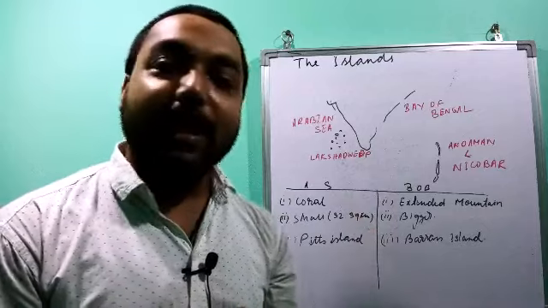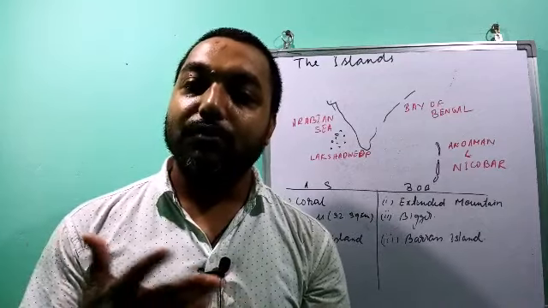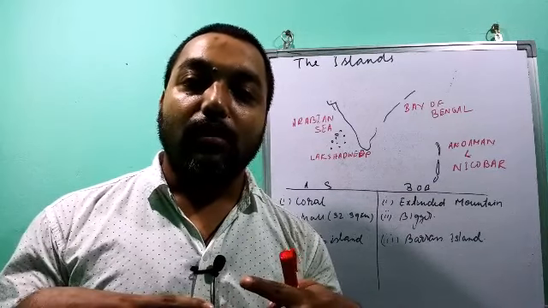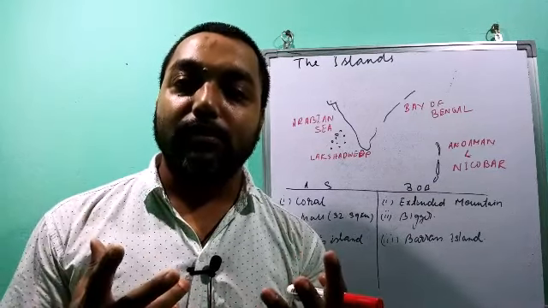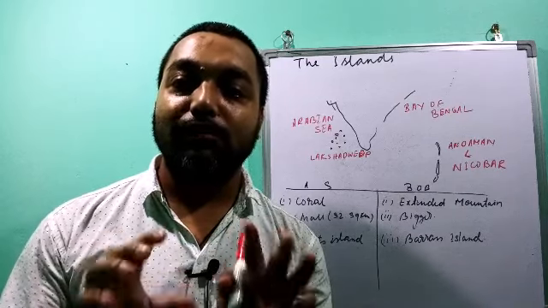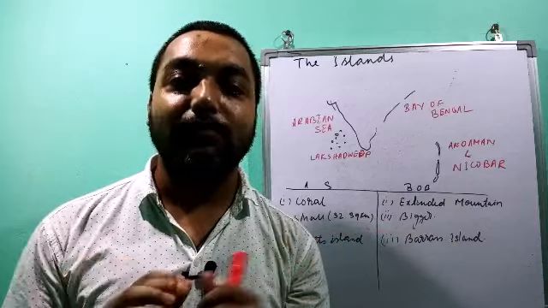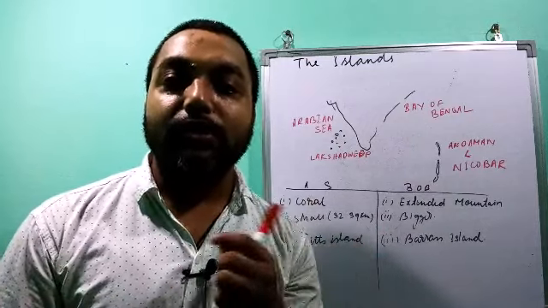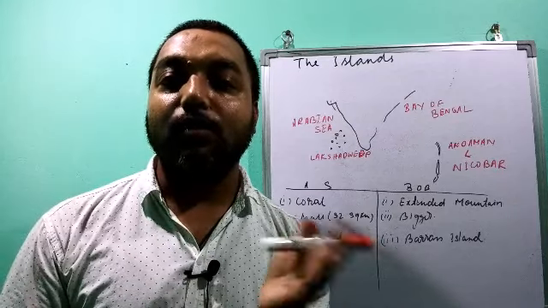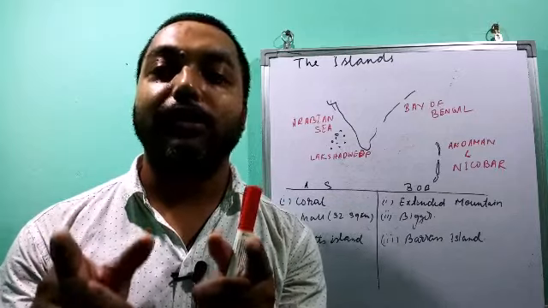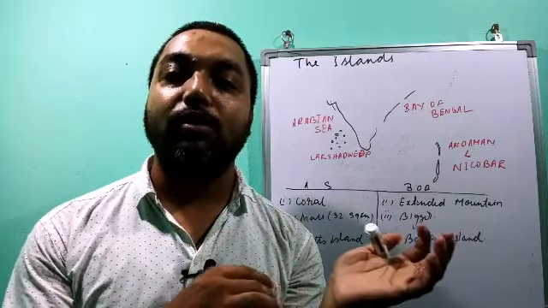Then these islands are good for maintaining ecological balance, where there are huge amounts of forest and wild animals. So the ecological balance is maintained. As a whole, all the physical features are complementary and supporting each other. It is not that one physical feature is important and another is not. It is not like that.